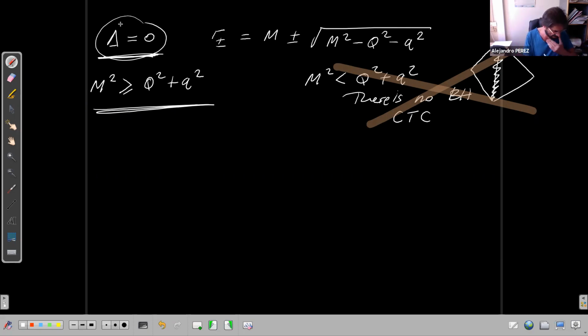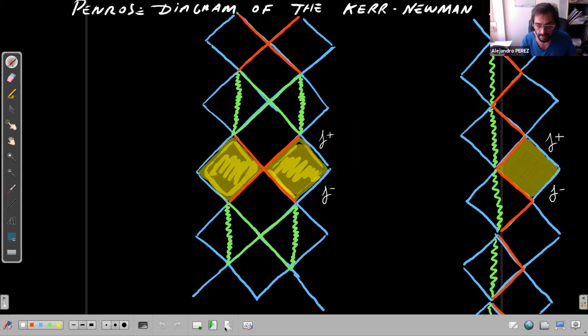If you are smart enough to find good coordinates, then you can actually discover this. This work was done to a large extent by Carter in the 70s, maybe late 60s, 70s. Sorry, I don't remember the dates at this point.